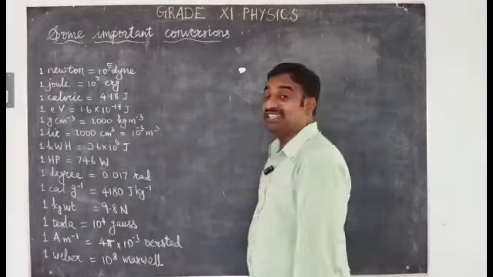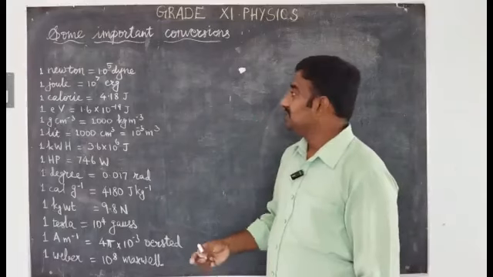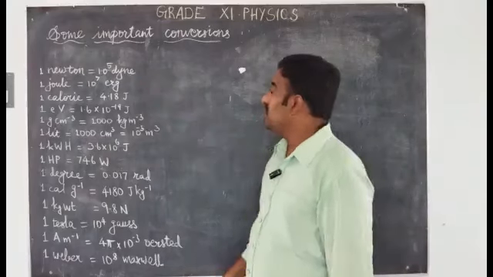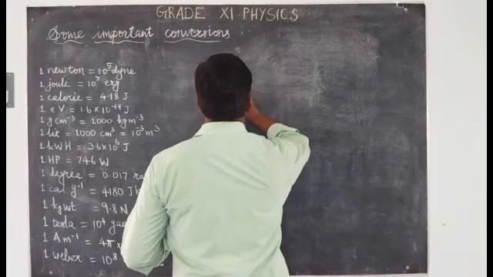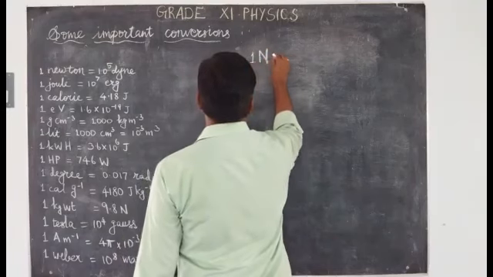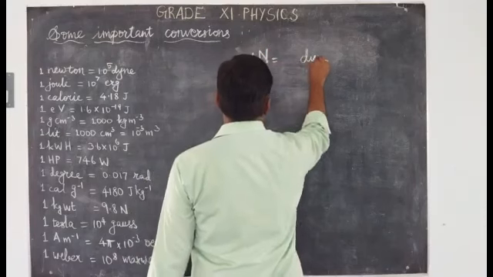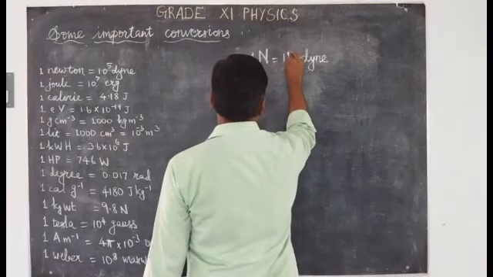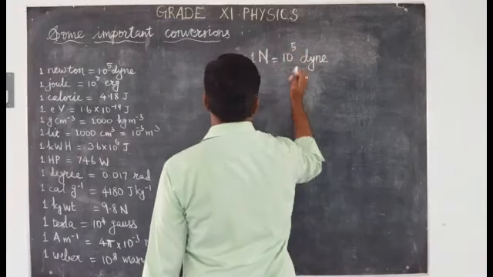The SI unit of force is Newton, but in the CGS system the unit of force is dyne. So 1 Newton force is equal to how many dyne? It is nothing but 10 to the power 5 dyne.